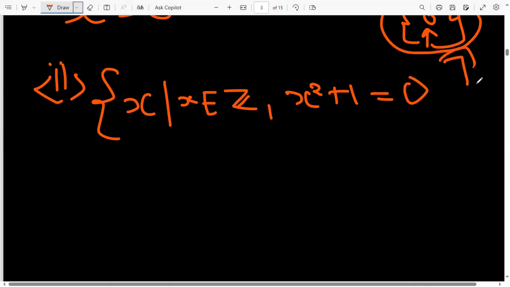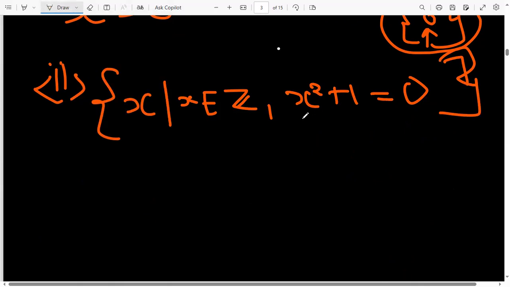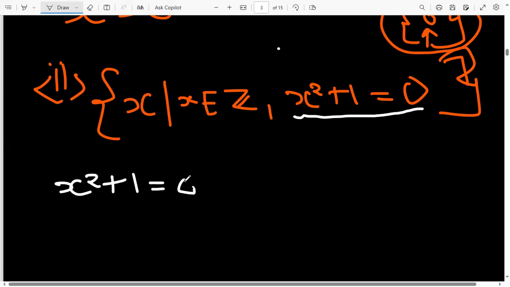This formula is the one that will give us the elements of these sets, if we have any. So x squared plus 1 equals 0.